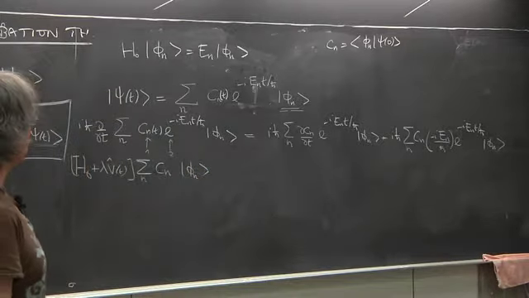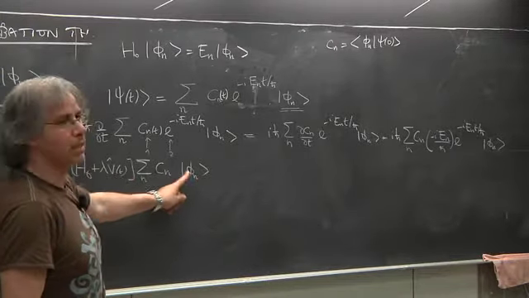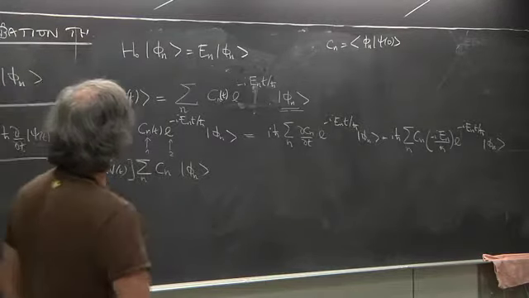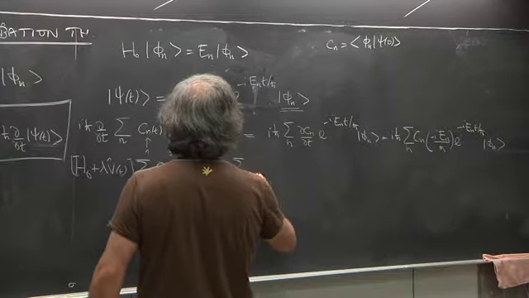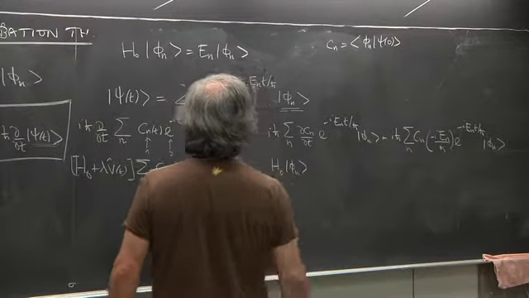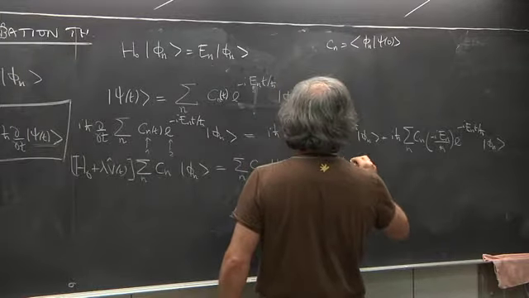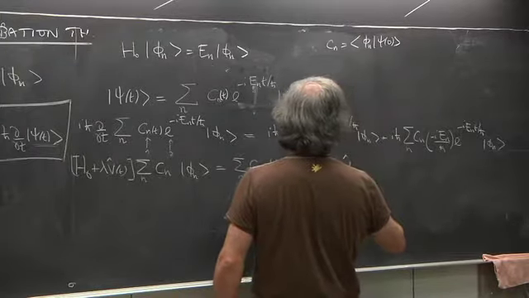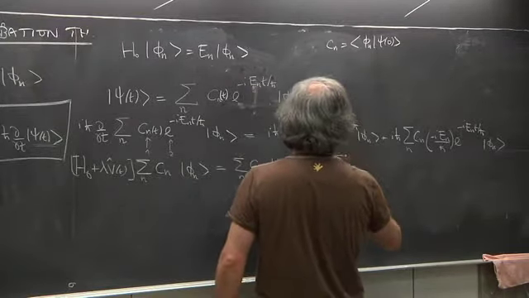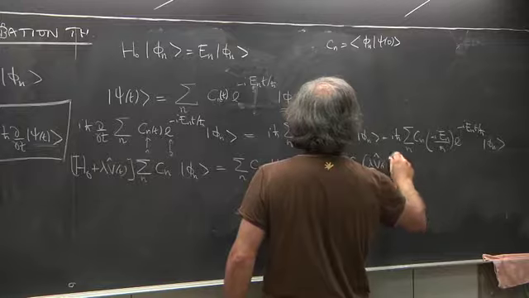Now, H0, when you apply it to this linear combination, and everything here is linear, H0 is a linear operator, and therefore this is equal to the sum over n of Cn H0 applied to phi n, plus the sum over n Cn lambda V applied to phi n.